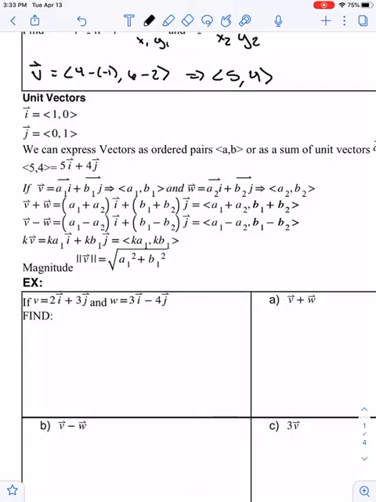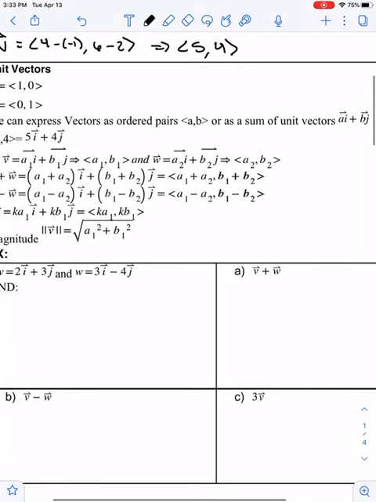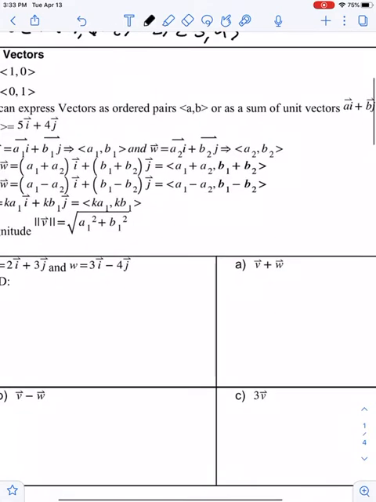So we are given a v and w, and the first thing we're going to do is find v plus w. Again, when we're adding, we're just taking the i's of v and w and adding them, and then the j's of v and w and adding those. So we have for the i's 2 plus 3i, and then plus the j's of 3 plus -4j.